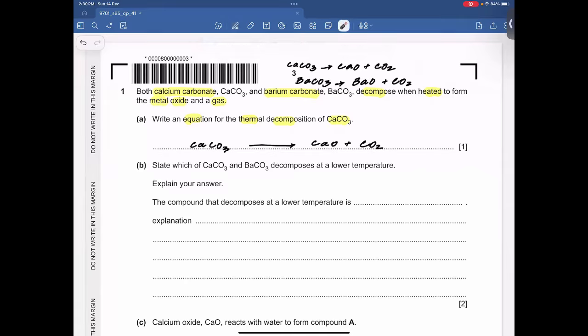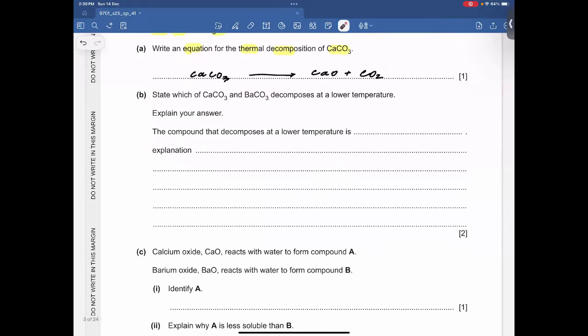Since the examiner is not looking for the state symbols, I'm not going to write them, okay? But you should remember such things. This is solid, this is also solid, this is a gas at room temperature and pressure. Now state which, calcium carbonate or barium carbonate, decomposes at lower temperature.